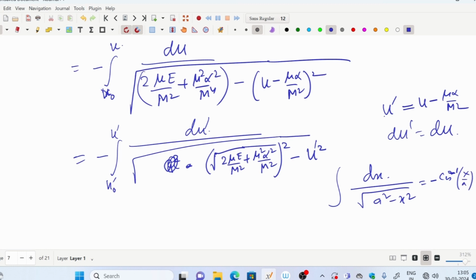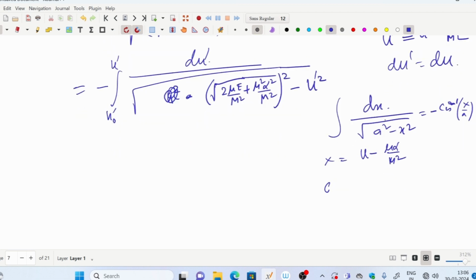In our case, x is basically your u minus mu alpha by m square, and our a in this case is root over 2 mu E by m square plus mu square alpha square by m to the power 4. Okay. So, we find the result of our integration.